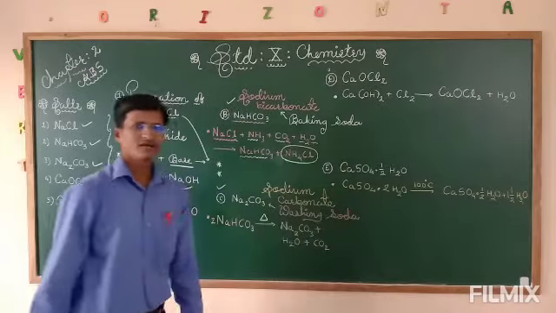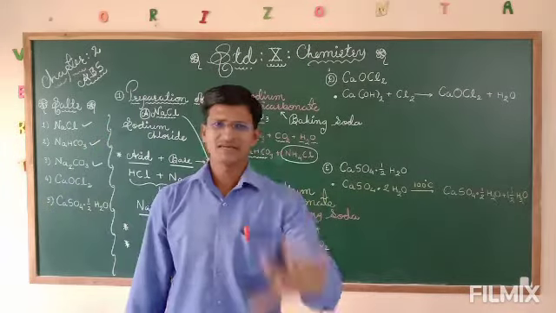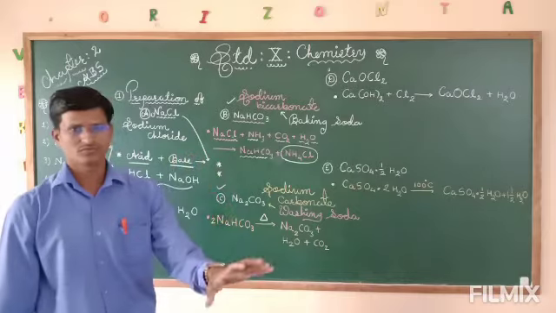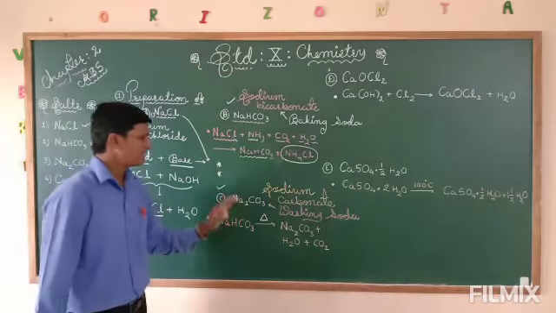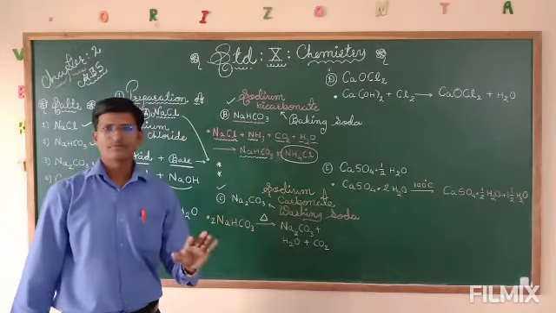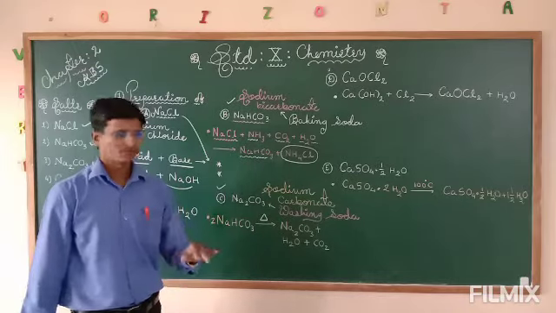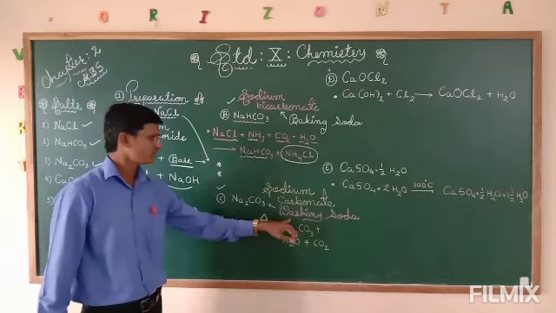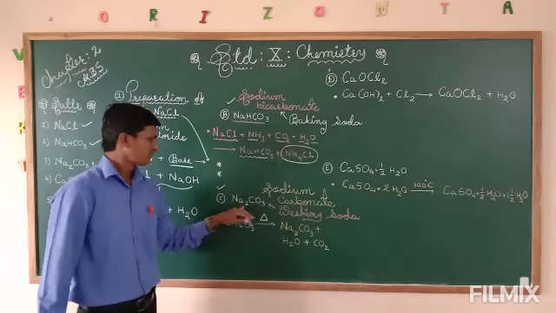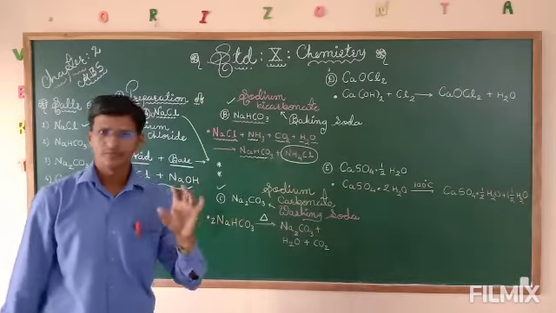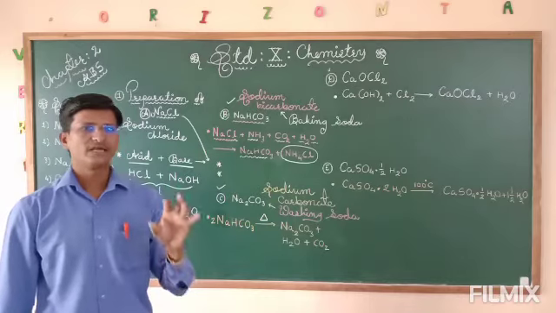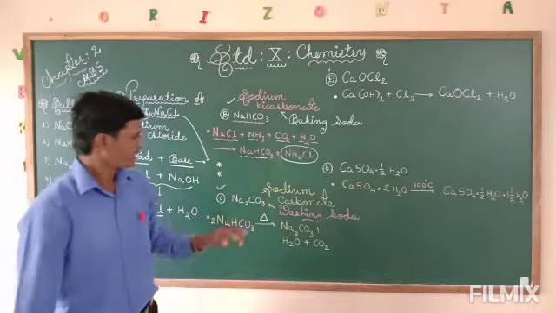This washing soda, as the name indicates, washing means to wash the clothes, and it makes the clothes soft. So we are using the washing soda to make the clothes soft.